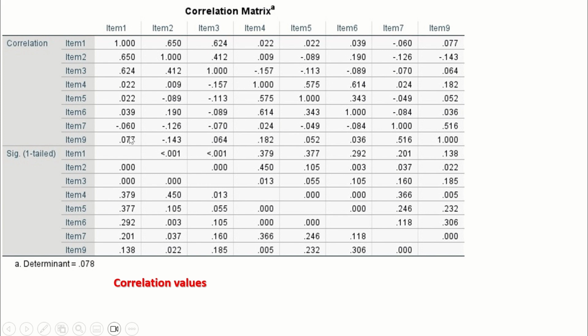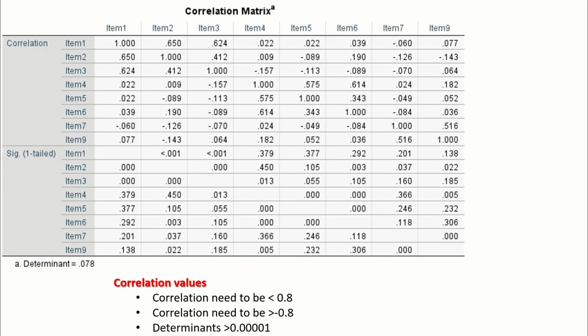As shown here, there is a perfect correlation between item 1 and item 1, with items 1 and 2 the value is 0.65, and with items 5 and 1 it is 0.02. The correlation values, which is the R, need to be less than 0.8 and greater than minus 0.8, and the determinant has to be greater than 0.00001.